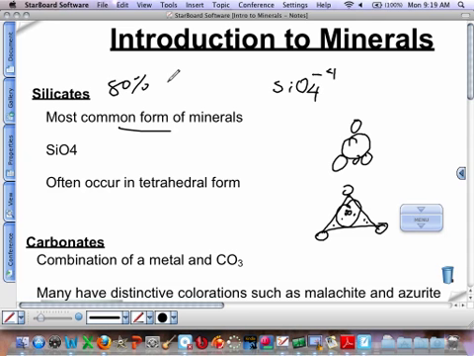Now, the SiO4, each one of these oxygens is able to bond with another compound. And so because of that, you have 4 different ways that this silicate atom or compound can actually bond with other types of materials.